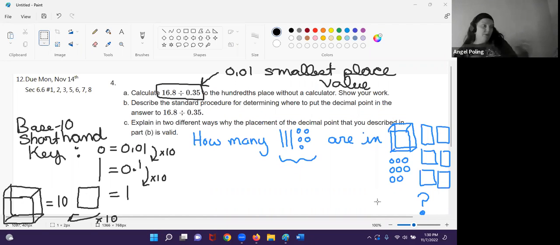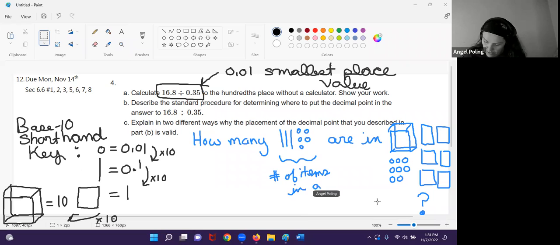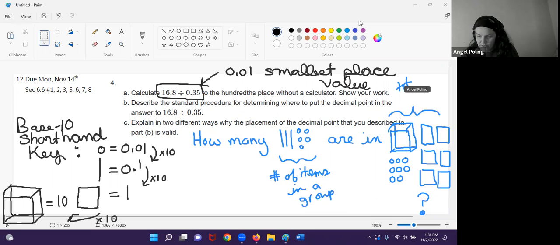And then as we put that out, we would count out how many groups we got as a result. So we definitely know how many are in a group, right? So this is like number of items in a group. And this stack over here, this is the total number of items.